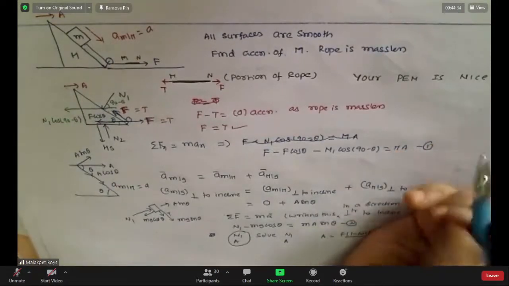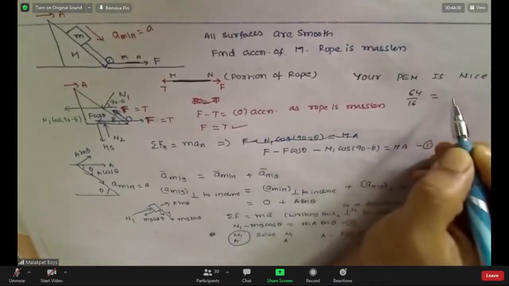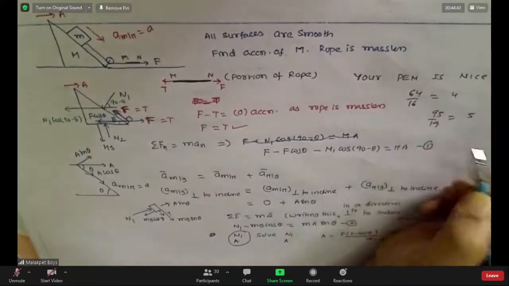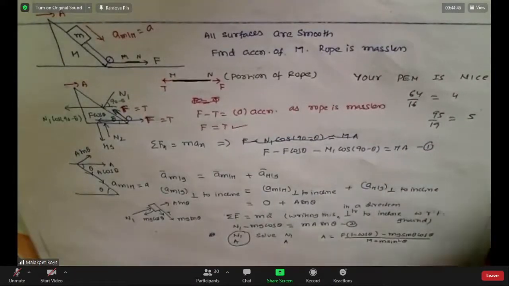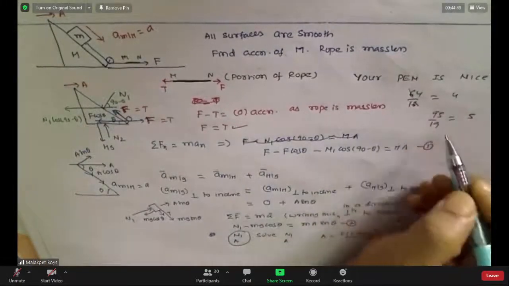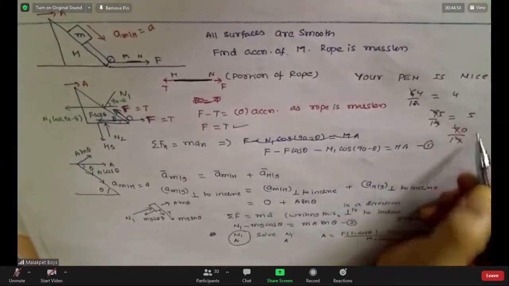The problem is that. Suppose you see 64 by 16, how much is it? 4. 95 by 19, how much is it? 5. So you will see that in the book. You will make your own conclusion that 6 will cancel 4, 9 will cancel 5. So 70 by 17 you will take as 0.